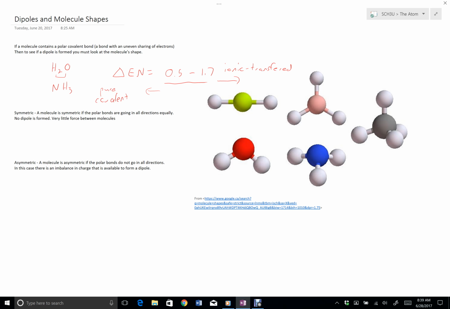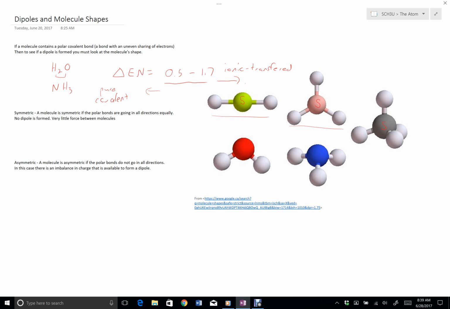A molecule could be symmetric, meaning all of the bonds are going in the same direction equally. For example, looking at our diagrams over here, this one would be symmetric, this one would be symmetric, and this one would be symmetric.